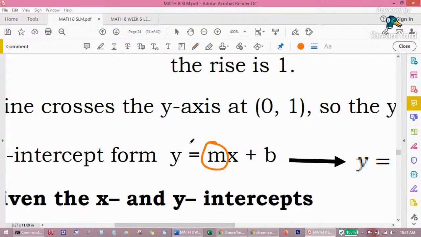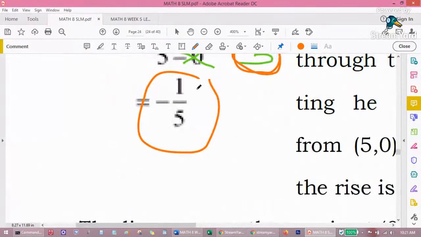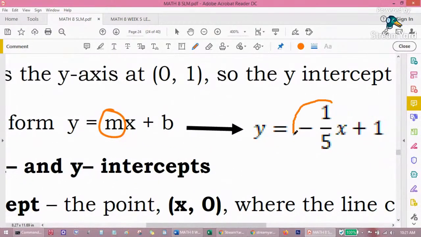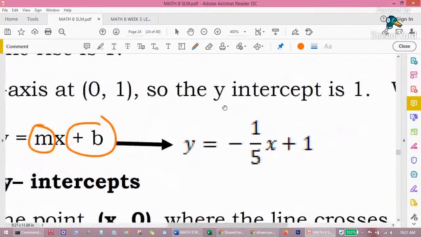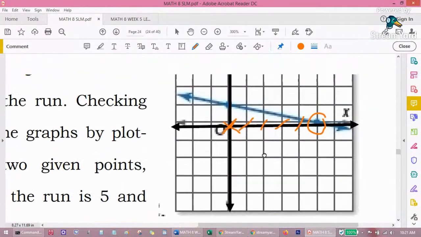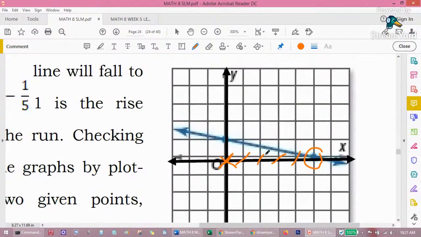So, yung m natin is the slope, negative 1 over 5. Kaya nagkaroon tayo ng negative 1 over 5 dito. And then yung b natin is the y-intercept. Or sa madaling salita, yun yung point na nasa y-axis.